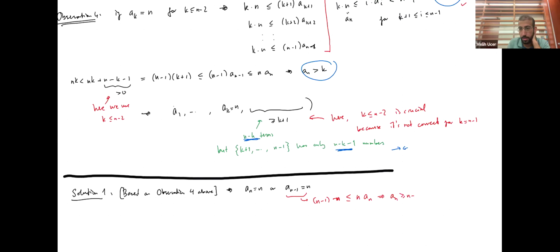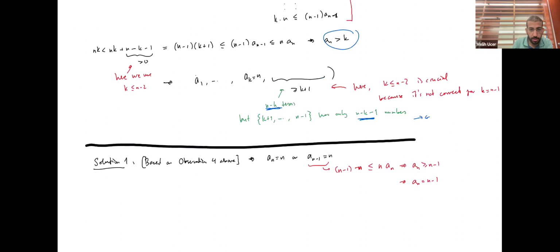So a_n is actually n minus 1. This shows that the end of the permutation is either n, or n minus 1.